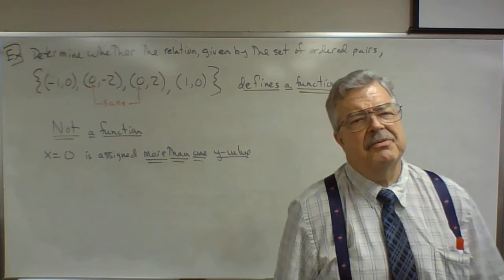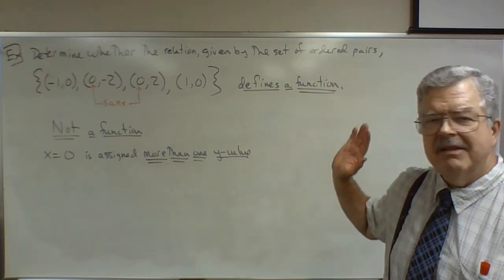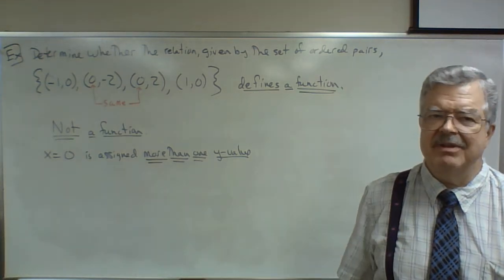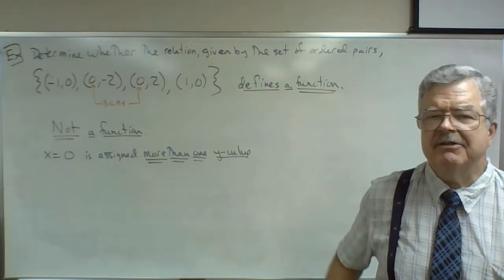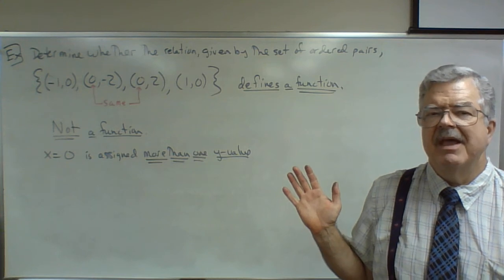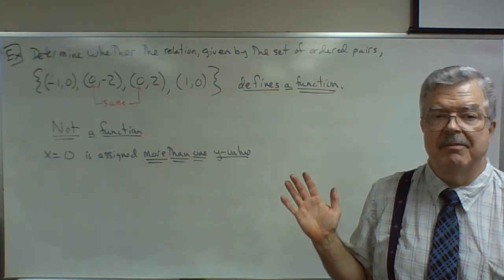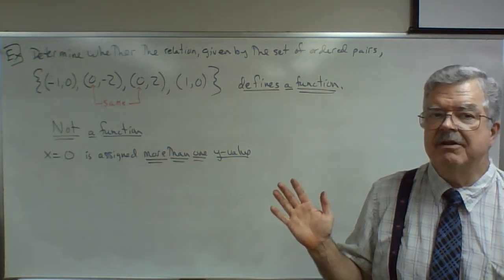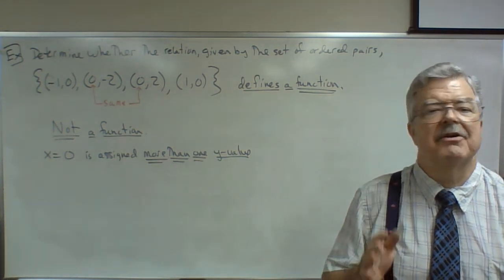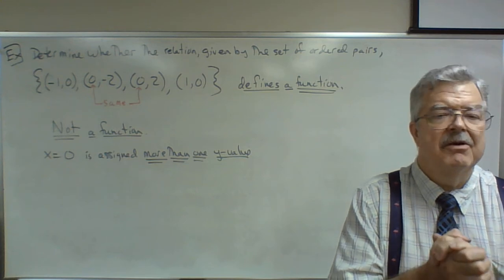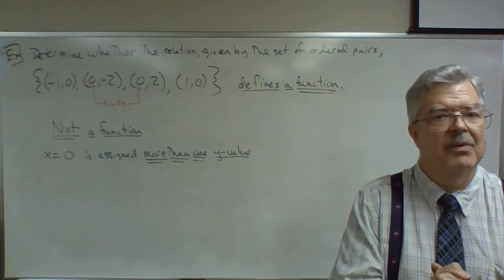And for future reference, let's see how this plays out when we graph it. Let's graph this and see if we notice something that we can use in the future to determine whether the graph of something represents a function or not.